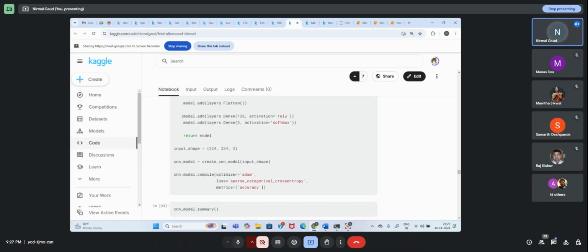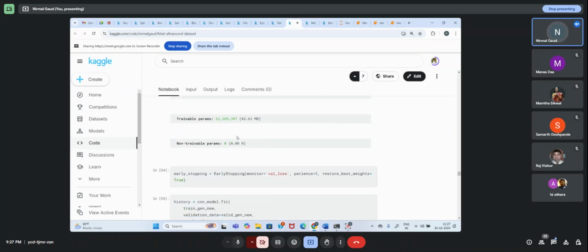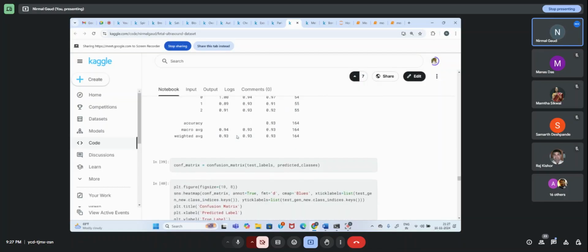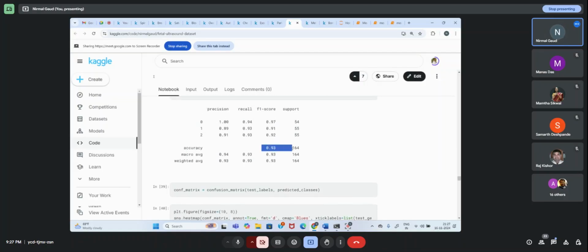Then I applied a fully connected dense layer of 128 and 3, because it's multi-class classification. I trained just this architecture and got 93% accuracy. This will be further reduced if the data would be more.